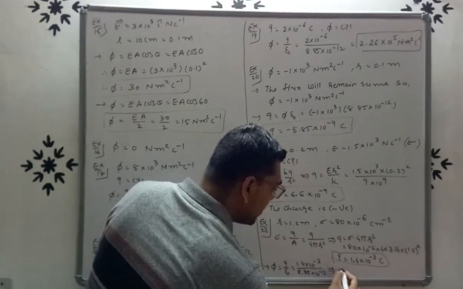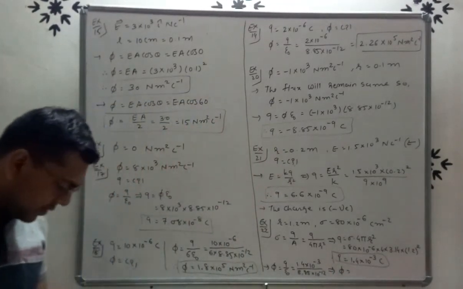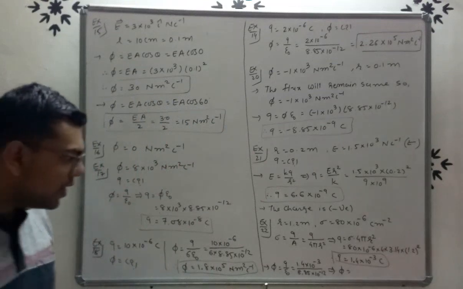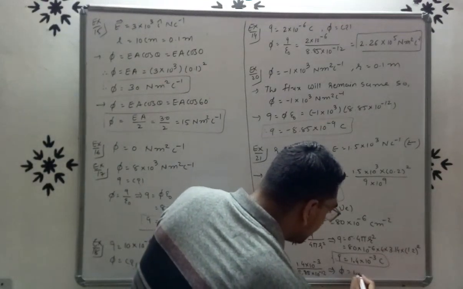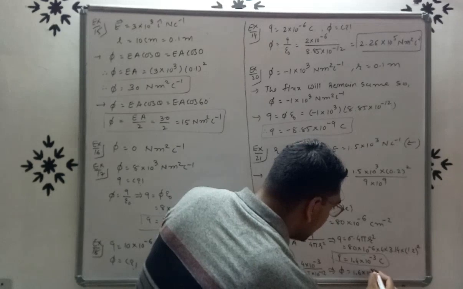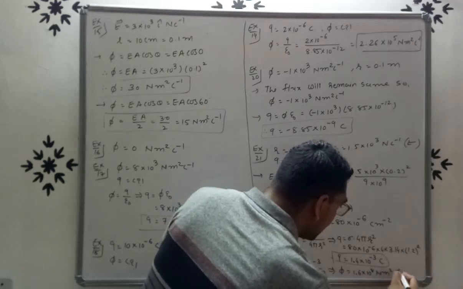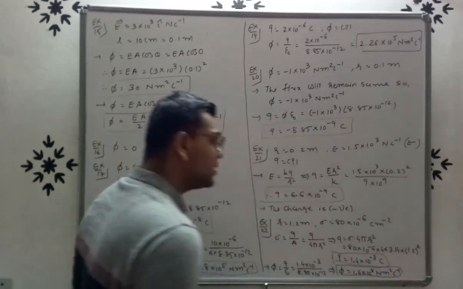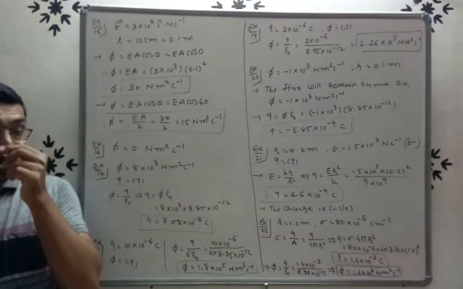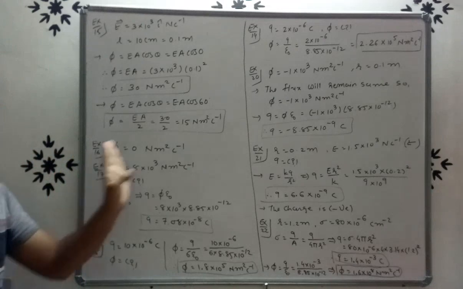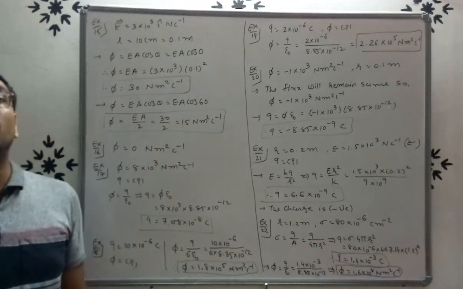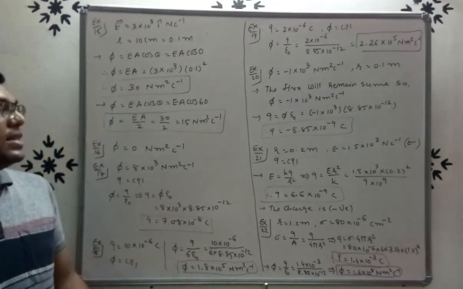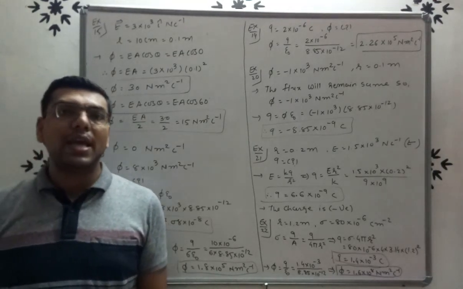So after the calculation you will get flux phi is equal to 1.6 into 10 raised to 8 Newton meter square per coulomb, right? So this is the flux, right? So from this we can say that if you know the formula, then you can easily calculate these examples. Okay, thank you.